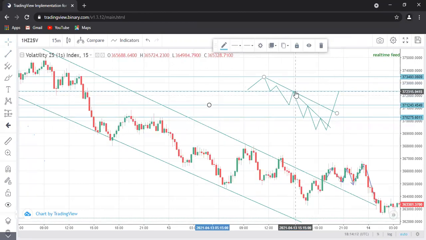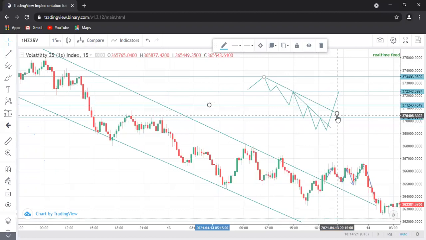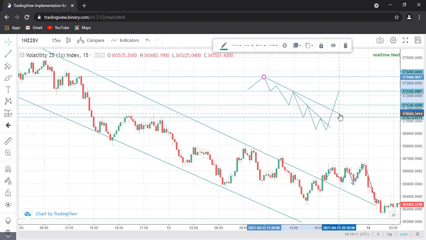So what is this place? This place is the 50% of the overall trend. The trend that I draw from here to this place is the 100% of the trend. Any trend line you draw is 100%.